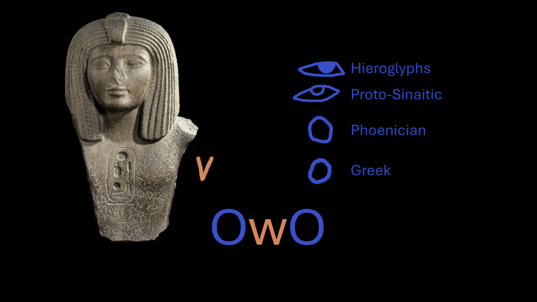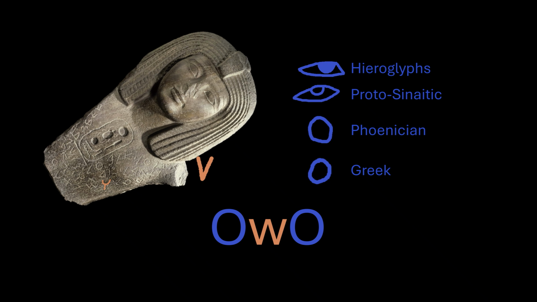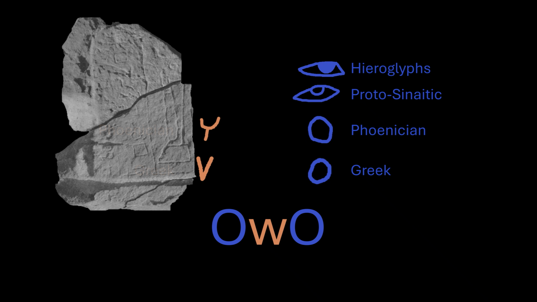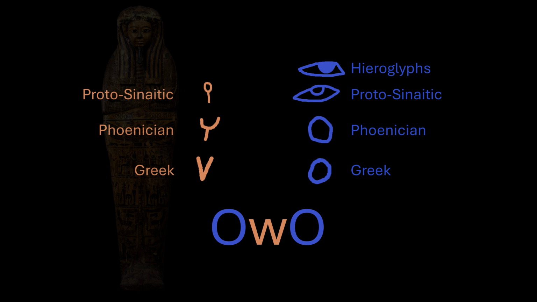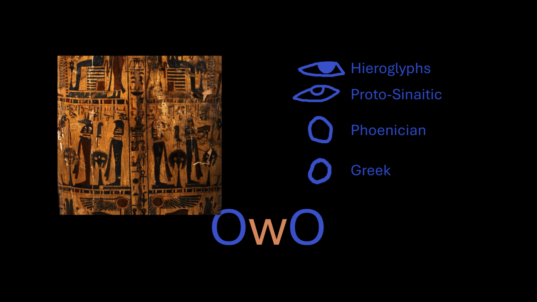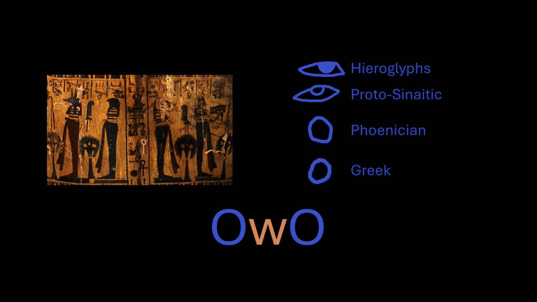with the Greek letter upsilon coming from the Phoenician letter waw, which comes from this proto-Semitic symbol. And we can see in the coffin of Sesek Nofru the hieroglyph where the Phoenician letter waw comes from.